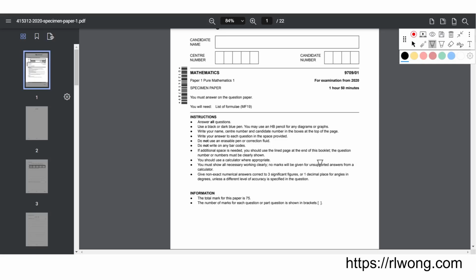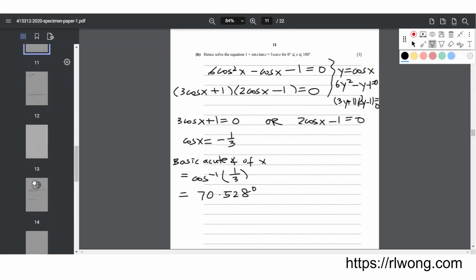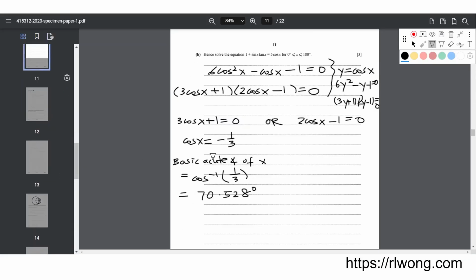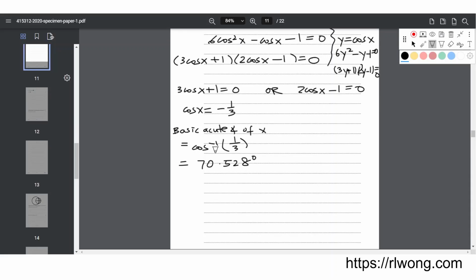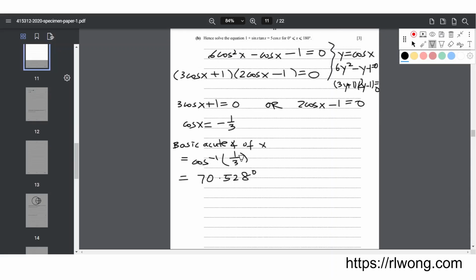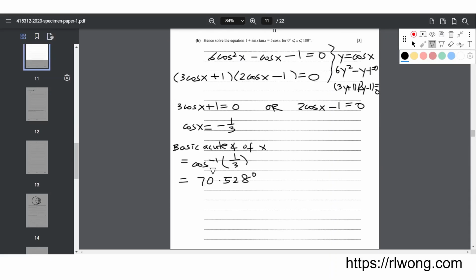Okay, so because it's an angle in degrees, we are rounding off to 1 decimal place. But because this is not the final answer, that is why I put 2 more decimal places.